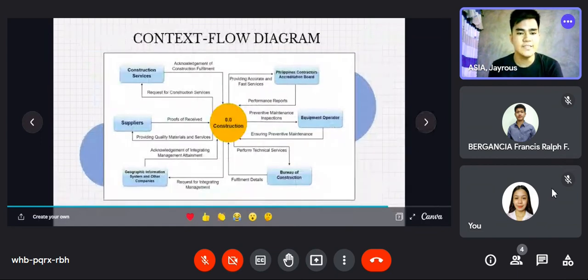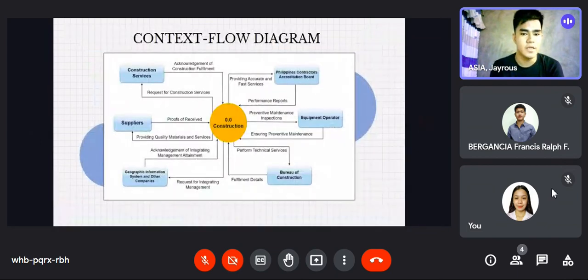For the last slide, it is all about the context flow diagram that focuses on how external entities interact with your system. It is the most basic form of data flow diagram, providing a broad view of the system and external entities in an easily digestible way. Because of its simplicity, it's sometimes called a level 0 data flow diagram. You can see from the diagram that we use a circle for our process, which is level 0, which shows the basic overview of the whole system or process being analyzed or modeled.